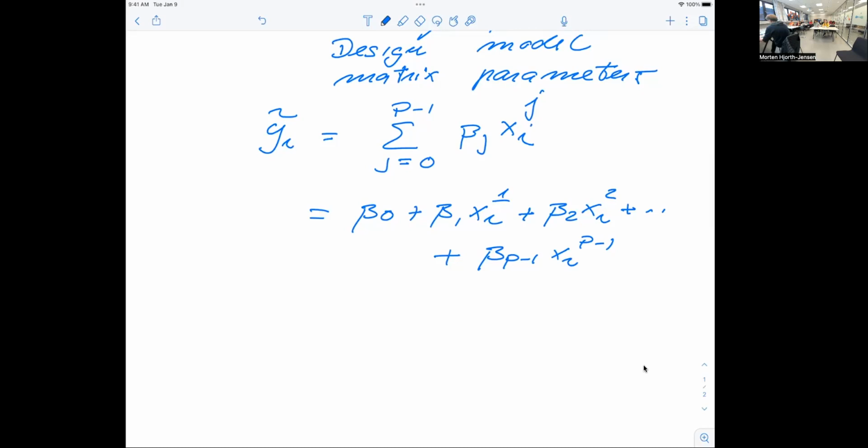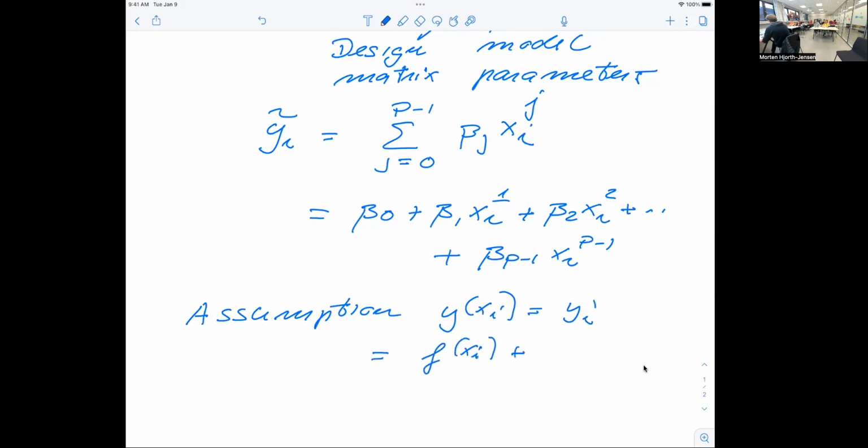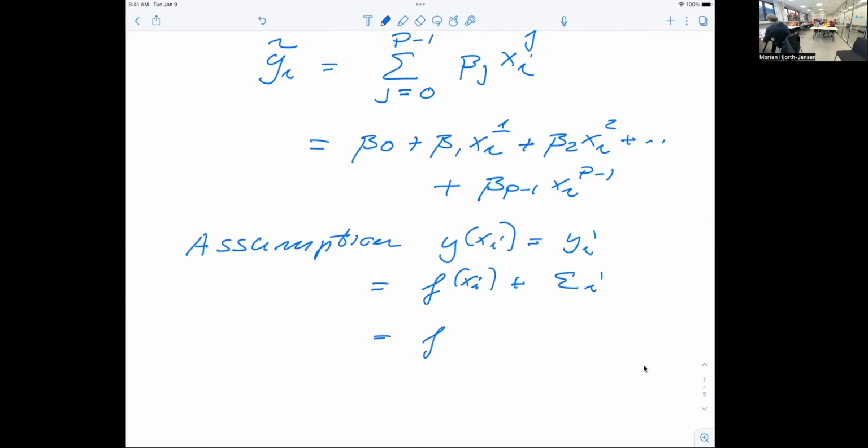And then one of the assumptions which are made when we look at linear regression, you could think of as a kind of overarching model assumption. So you have an assumption where your y of x_i, which is given by y_i, is given by some deterministic function plus some normally distributed noise. We can rewrite this as f_i plus epsilon_i.